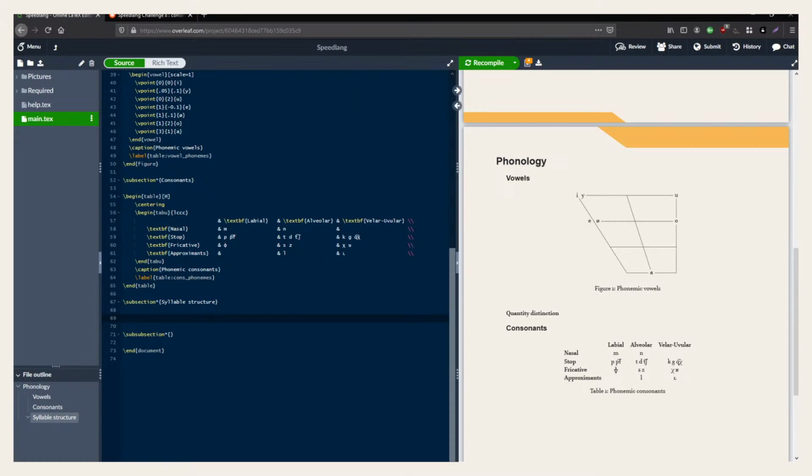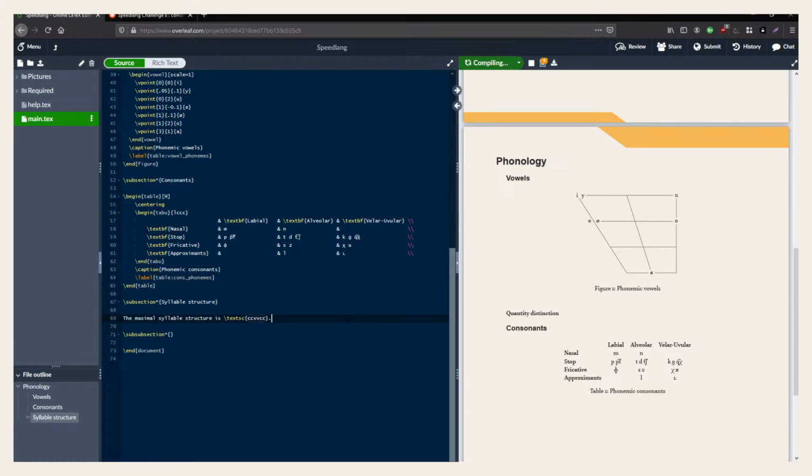So anyway, syllable structure. A very quick note of the maximum syllable structure, which is going to be, and with a typo, that's always nice. Let's go with that.